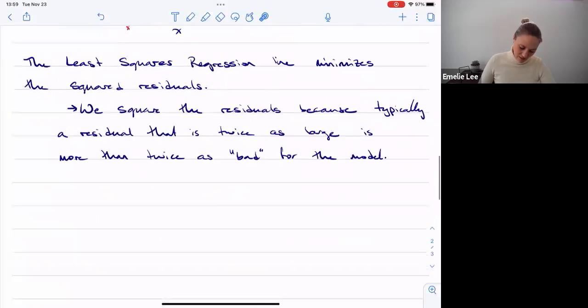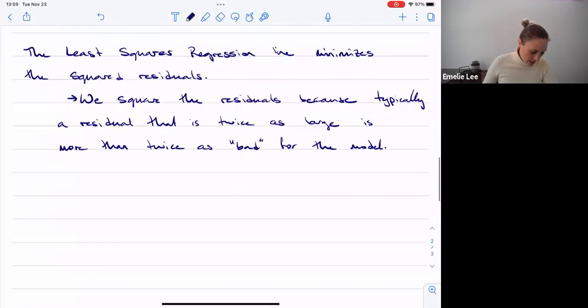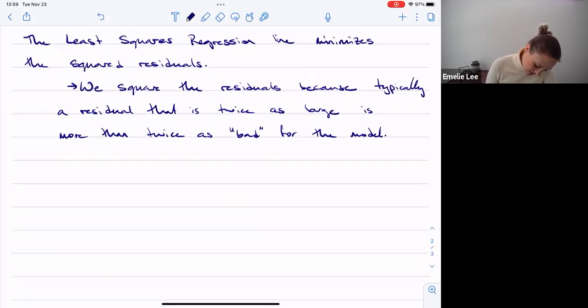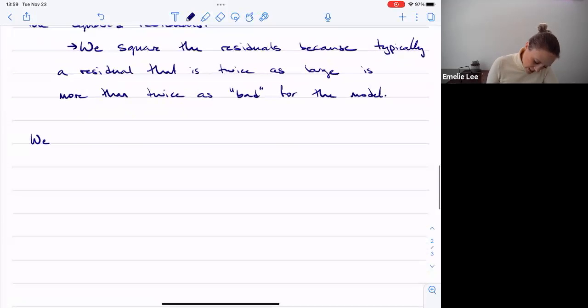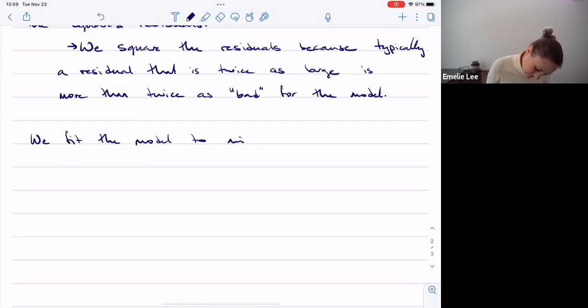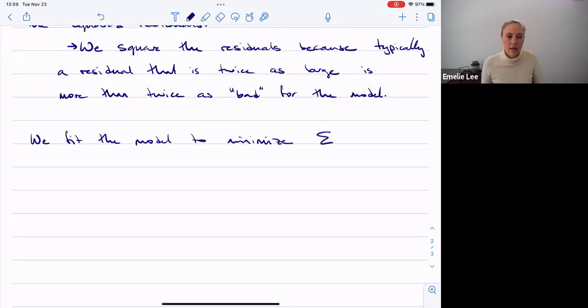Okay. All right. So what we're doing is we minimize, well, we don't, software does, but the method that we're using is we fit the model to minimize the sum of the residuals squared, okay?